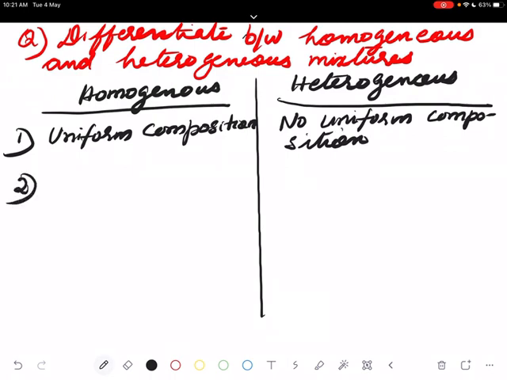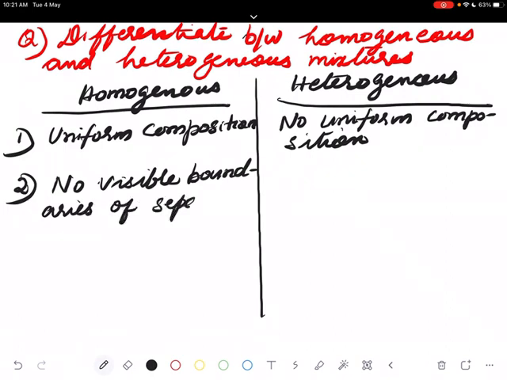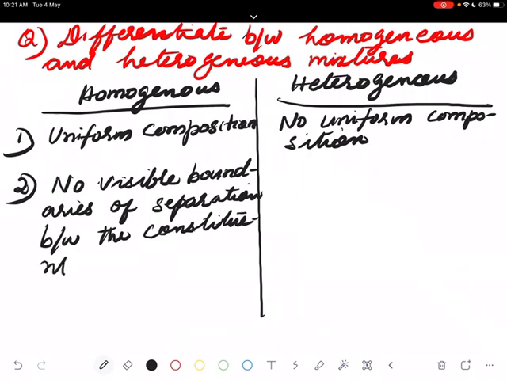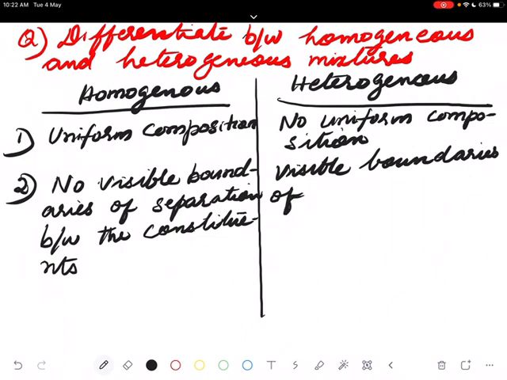Number two, no visible boundaries of separation between the constituents for homogeneous, and visible boundaries of separation between the constituents for heterogeneous.